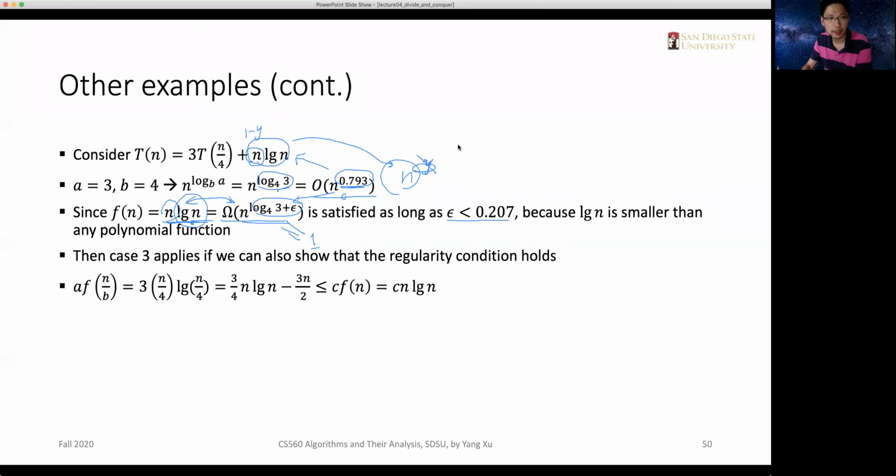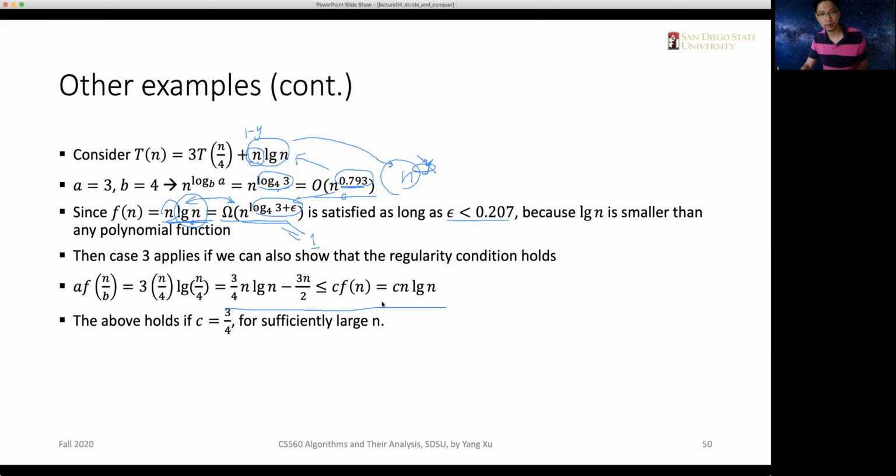Okay. And the regularity condition, as it says before, is typically correct for any kind of polynomially bounded functions. So as long as we can find the C that satisfies the condition, then we can basically prove that case 3 is true.